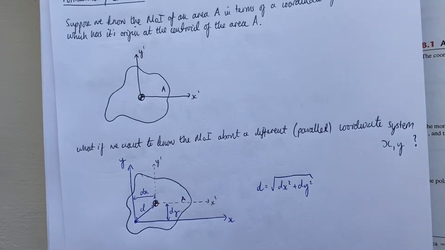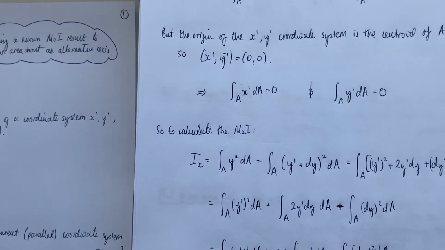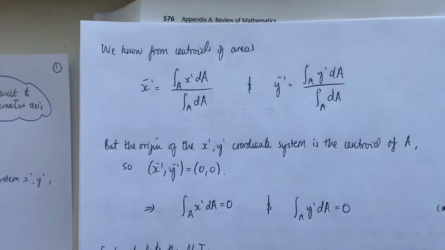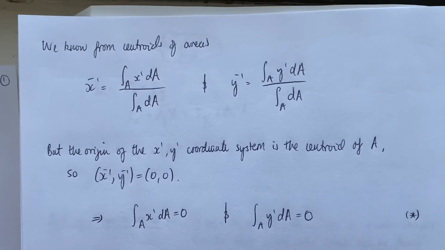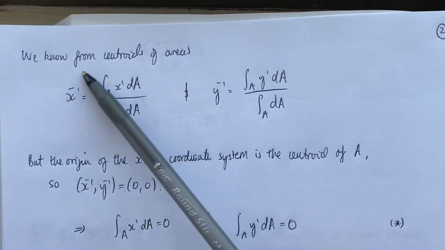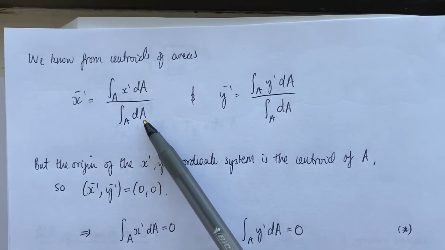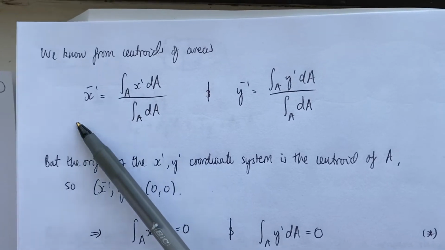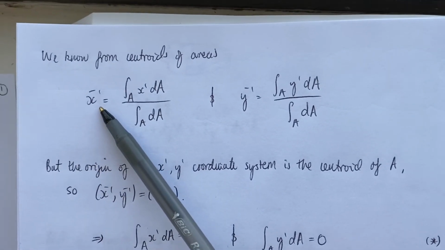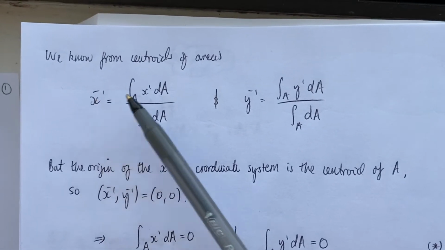So we know from a couple of classes ago we have these integral equations for the centroid of the area of a shape. Remember the coordinates of the centroid of the area are given by x bar, y bar.